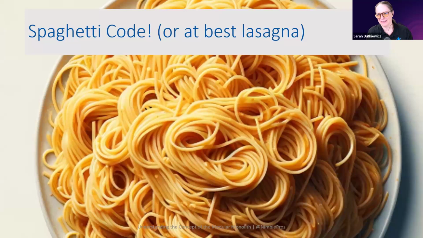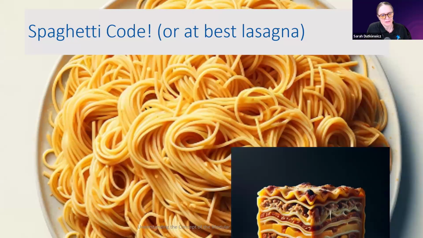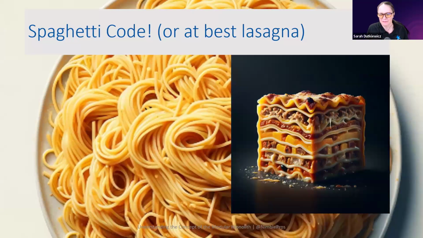You don't want spaghetti code. Now, to be fair, you might get lucky. And your legacy monolith might not be as tightly coupled. It might not be as disastrous. Maybe it has layers. Maybe it has like a UI layer, a business logic layer, a data layer. Maybe you're lucky that you've got that. So instead of spaghetti, you got lasagna. Could be lucky.